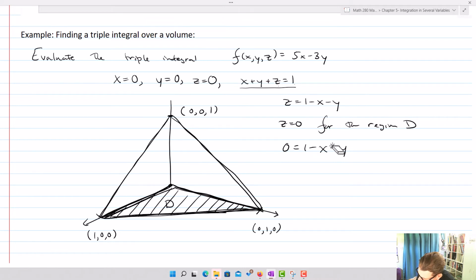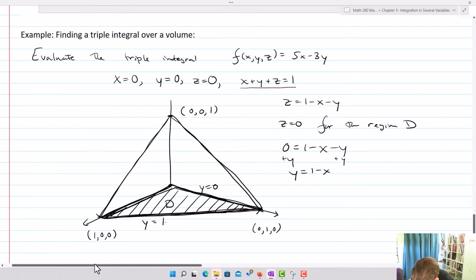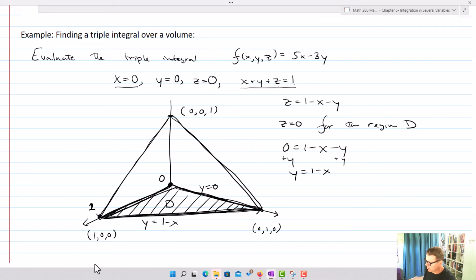Consequently, if I add y to both sides, I get y equals 1 minus x. That ends up being the other bound for the region D. It goes from y equals 0 down here, all the way up through y equals 1 minus x over here. And then x is going to go from 0 to 1, and we can see that from the graph too. Those are the bounds for x.